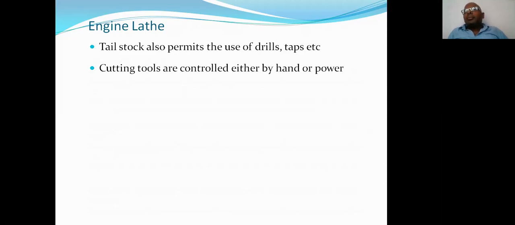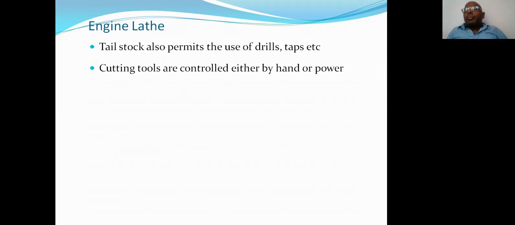And another time, sometimes for larger jobs, holes are to be provided perpendicular to the axis also. In that condition also, the drilling operation should not be performed on the lathe machine.